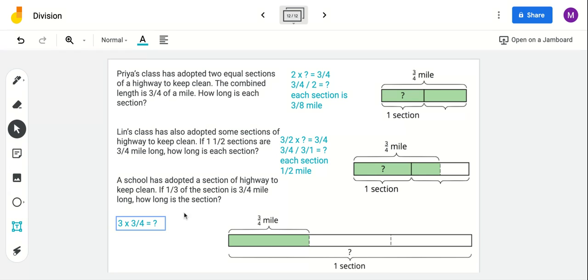That's a question mark for us. Our division problem is that total length divided by 3 equals 3/4. Okay, so I know what 3 times 3/4 is. So 3 times 3/4, so I take my whole number times my numerator, so that equals 9/4.